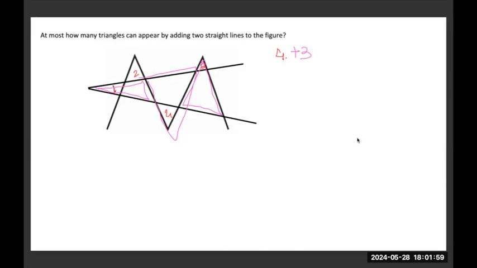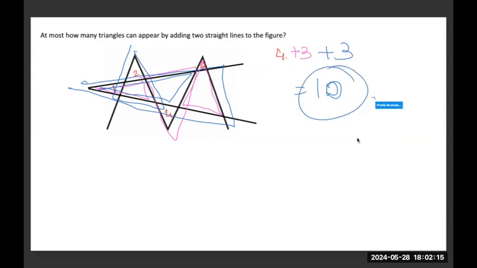Then 1, 2, and then 3. So this will give me 10 triangles. Okay, that's the maximum number of triangles that I get by adding these lines.